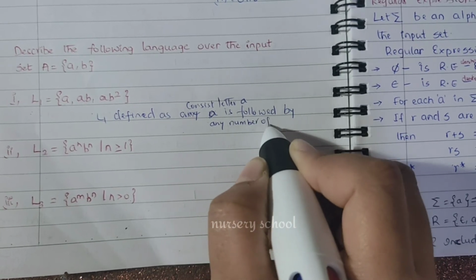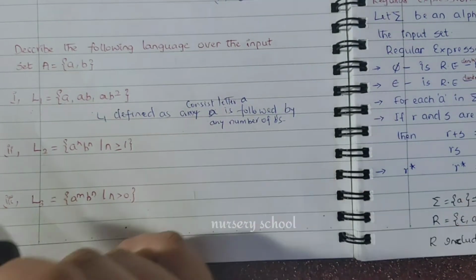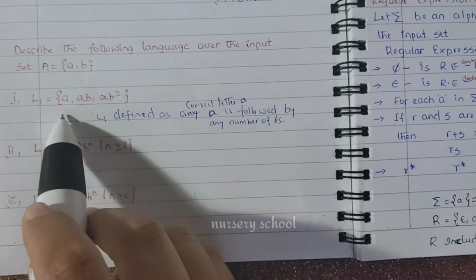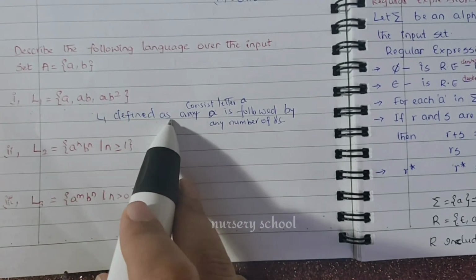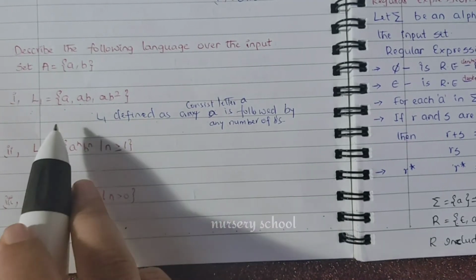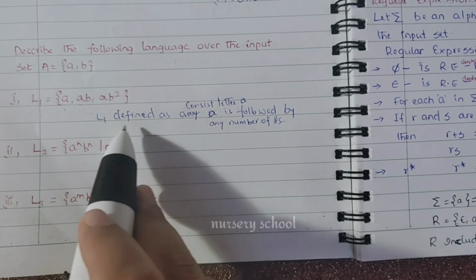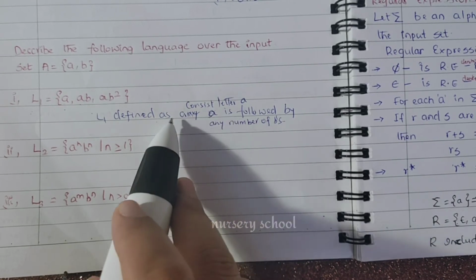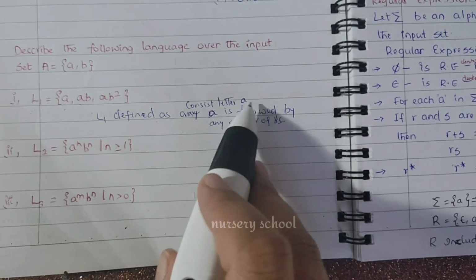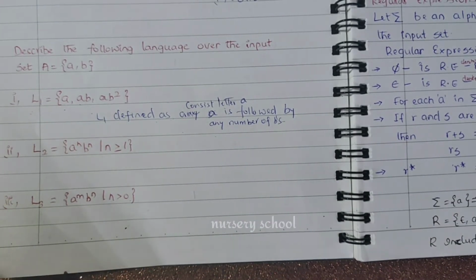Any number of B's means sometimes we have 0 B's, 1 B, and so on. But A is common among all the strings. So L1 is defined as: each string has a letter A followed by any number of B's.